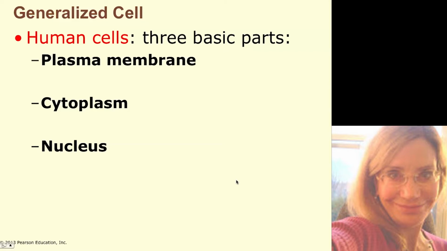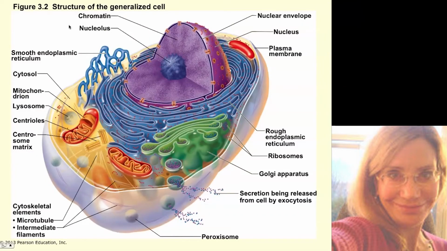The generalized cell includes 3 basic parts: the plasma membrane, the cytoplasm, and the nucleus. And we will go through each of these. The generalized structure of a cell is represented here. There's not really a cell in the human body that looks like this, but this illustration is just to show you all the various types of cellular organelles.